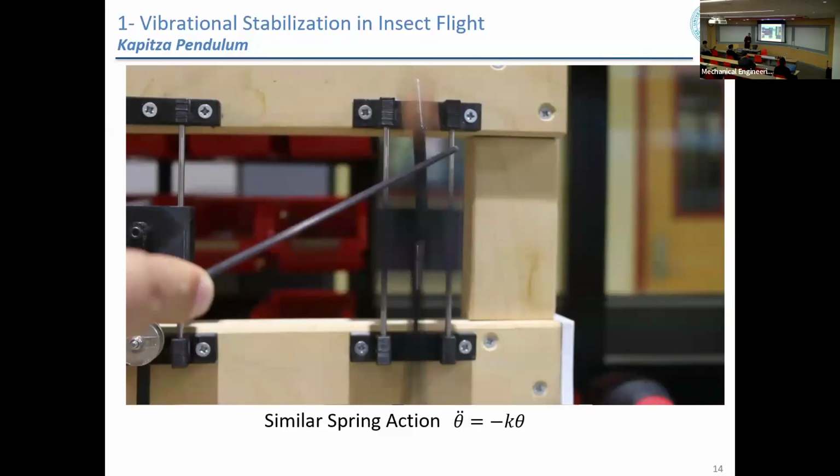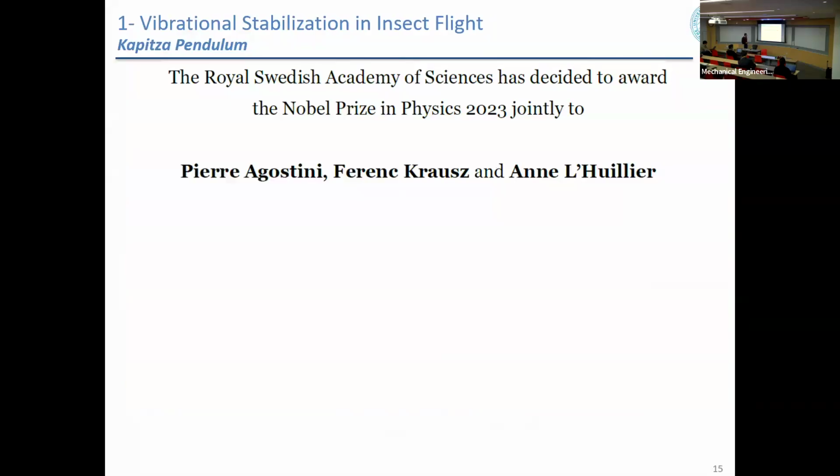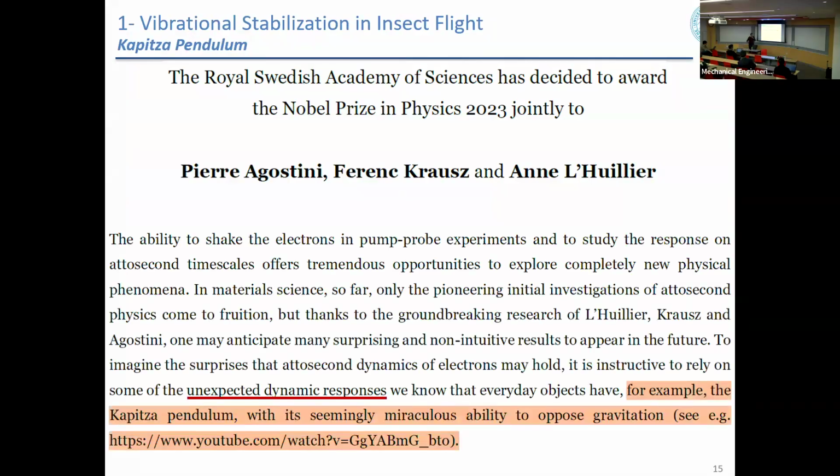And then a couple of years afterwards, we realized something interesting happened. The Royal Swedish Academy, in their paper that introduces the contribution of the Nobel Prize in Physics to people, it seems that the contribution that deserved the Nobel Prize in Physics had to do with high frequency vibrations of laser.